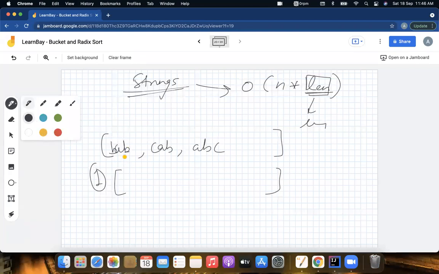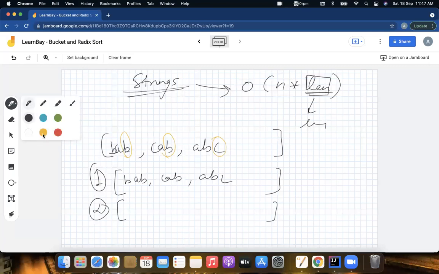You can write the answers on the chat. First step answer. What's the first step answer? BAB, CAB, ABC. Order is BAB, CAB, ABC. No change. What's the answer of second step?